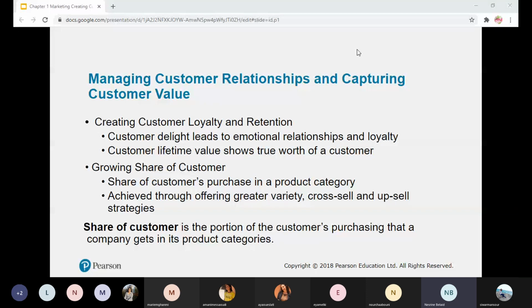For example, you go to buy a computer. They try to sell a mouse with the product.